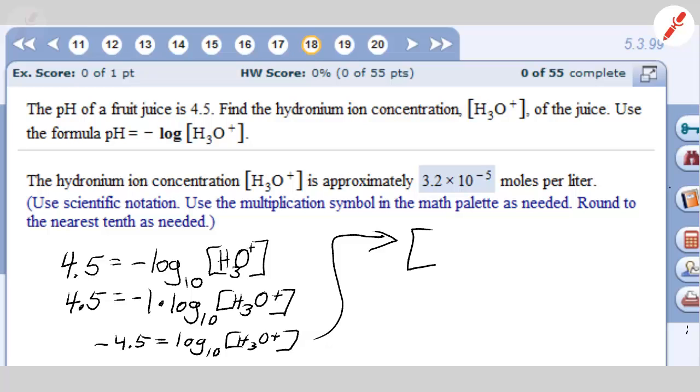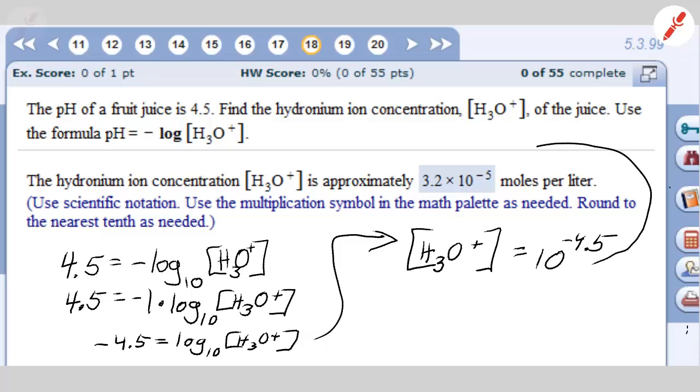so that by the definition of what a logarithm is, the hydronium ion concentration is going to be 10 to the -4.5 power, and that's in moles per liter.